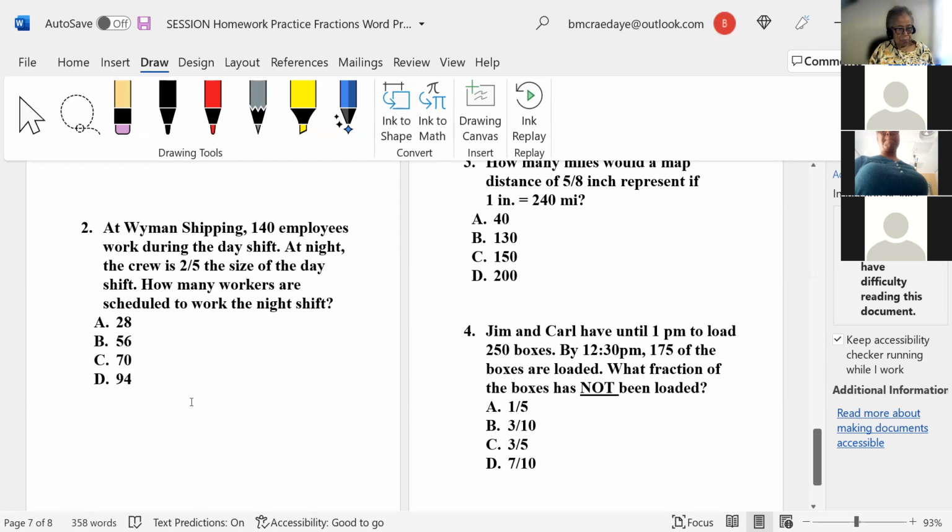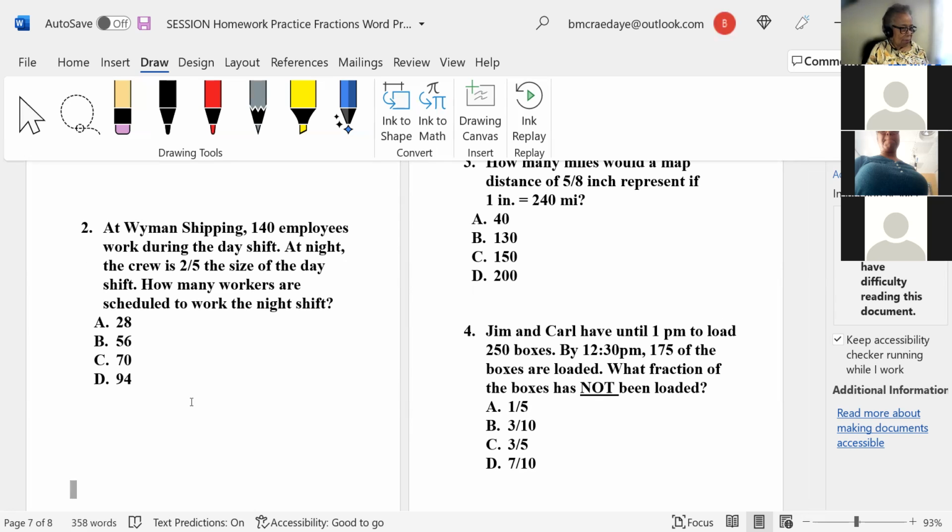Shipping: 140 employees work during the day shift. At night, the crew is 2/5 the size of the day shift.